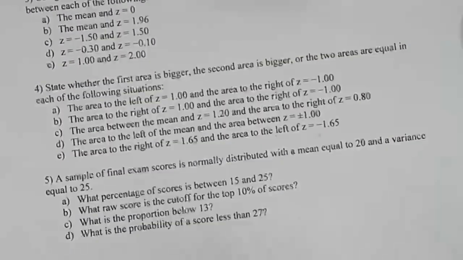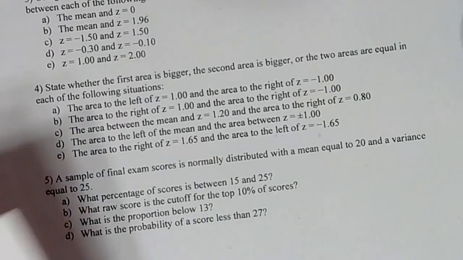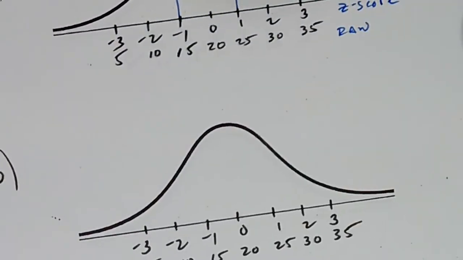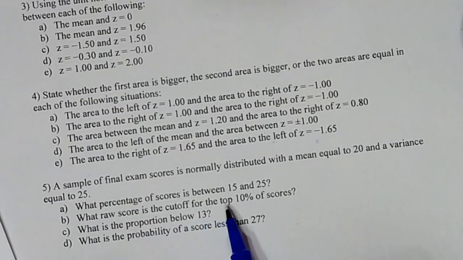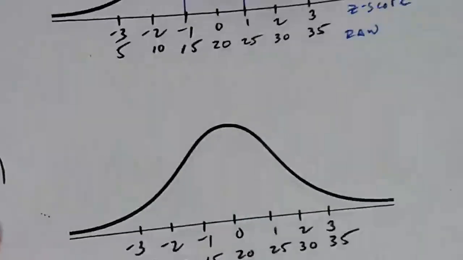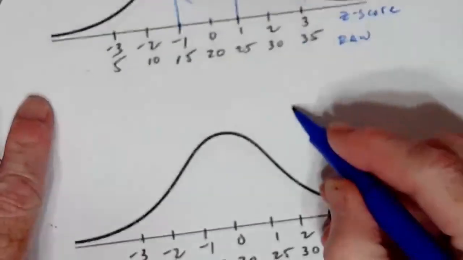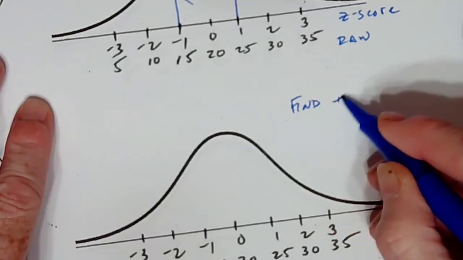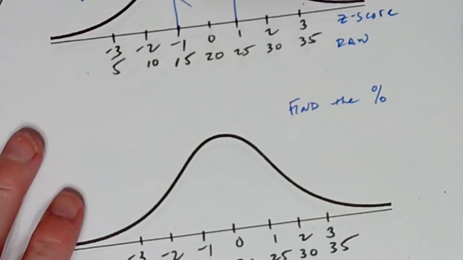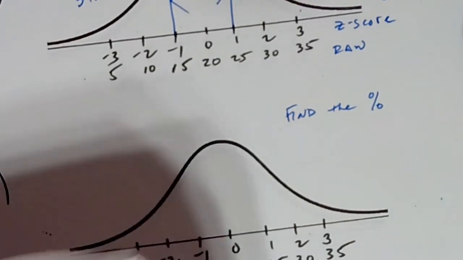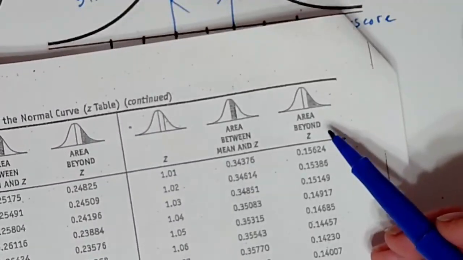Then B says, what raw score is the cutoff for the top 10% of scores? This one's a little bit different. We have to figure out the top 10% of scores, so we're going to find the percentage of the area beyond Z, because it says top 10%.